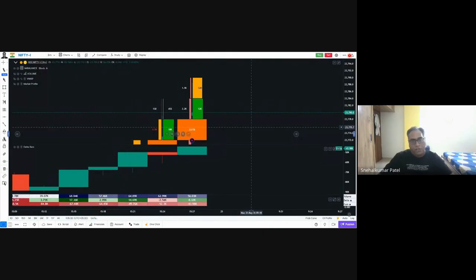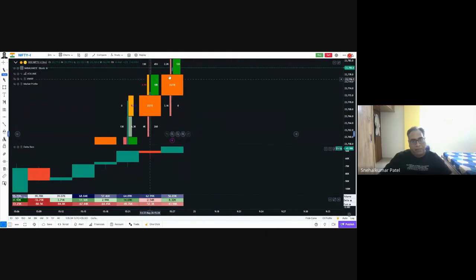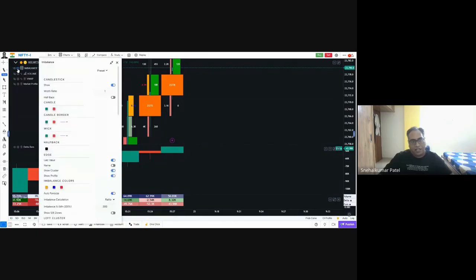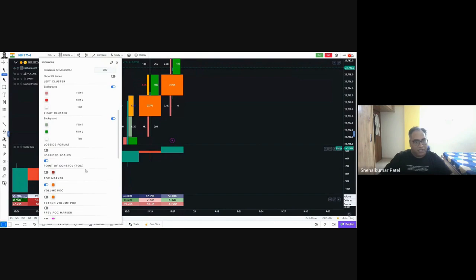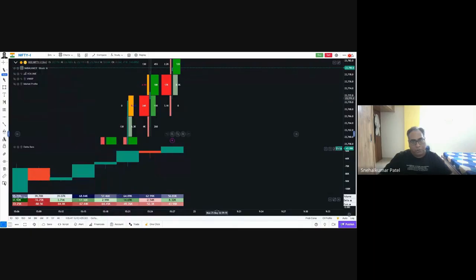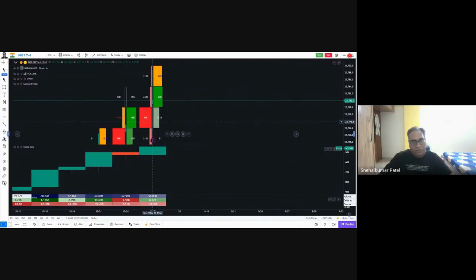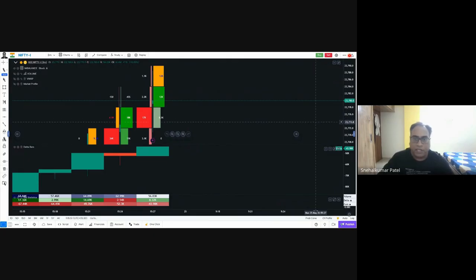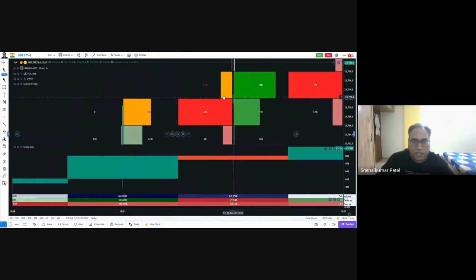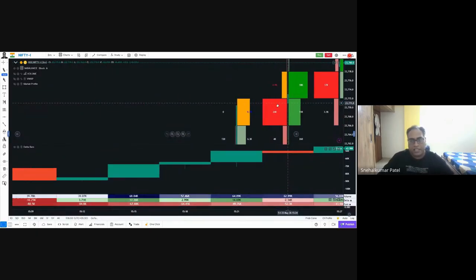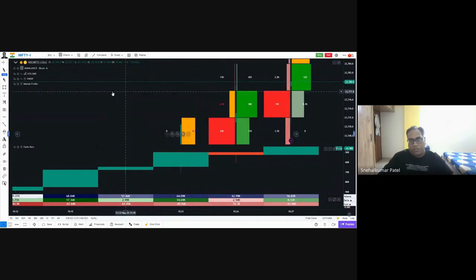So this is the point of control where the maximum number of trades took place. When the number of buyers and sellers are the highest, that is called the point of control. Here there are 17,000 sellers and around 6,000 buyers. So this is how the order flow data looks like.